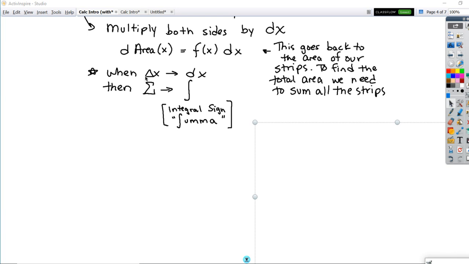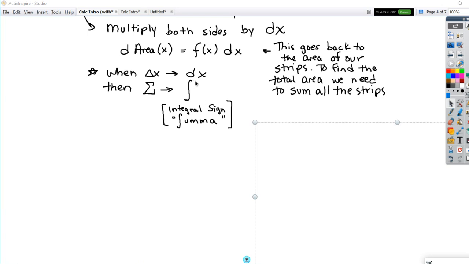When we change delta x to dx, then we're also going to change the sigma sign. Now sigma in Greek is the capital S. So a contemporary of Newton, Leibniz, first started to use this symbol, which is just a script S, which he had originally used as an abbreviation for summa, which is to add, the sum.